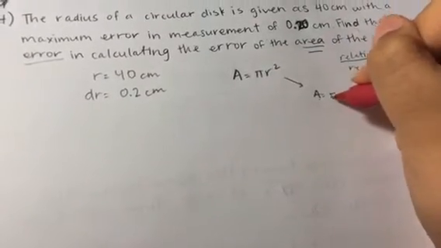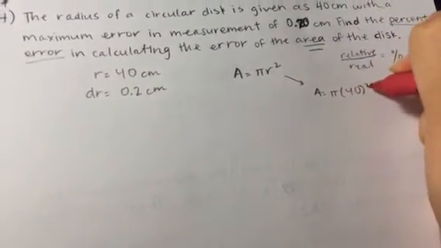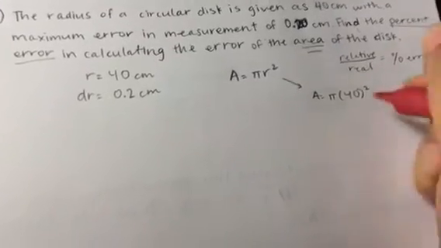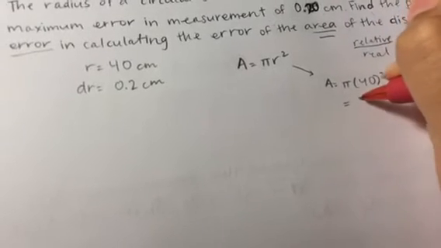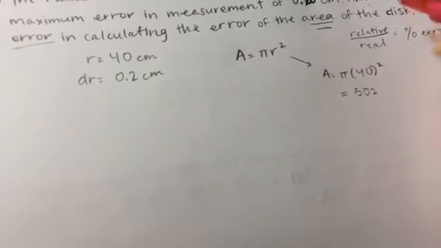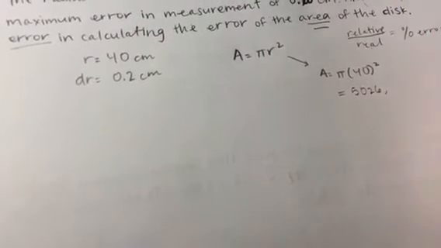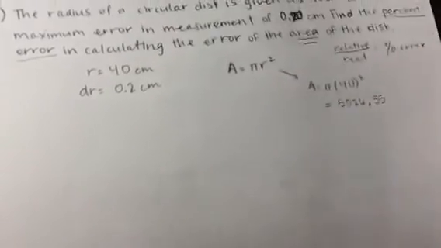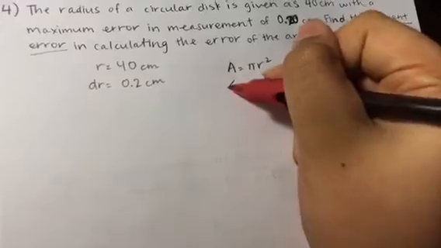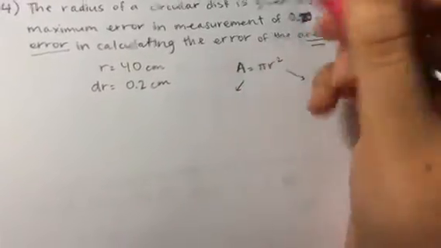So we have area equals pi times 40 squared. And then this gives you 5,026.55.